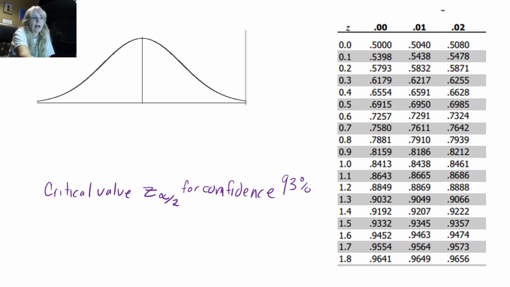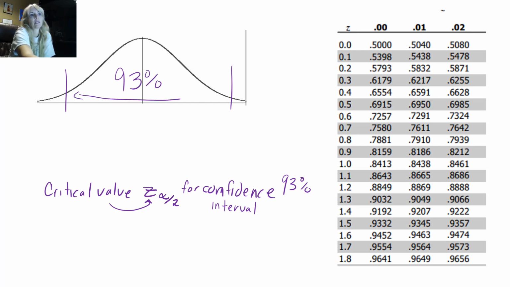So a critical value Z is that over there on the right, our Z table, right? So what I'm trying to do is figure out if I have a confidence interval, that means that I have in the middle here 93% of my data, right?